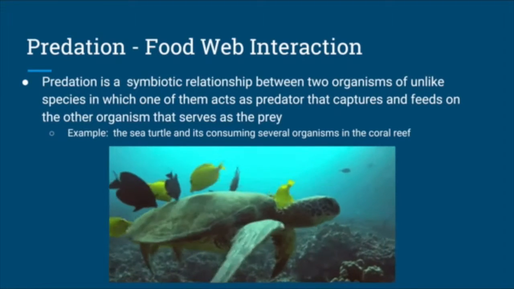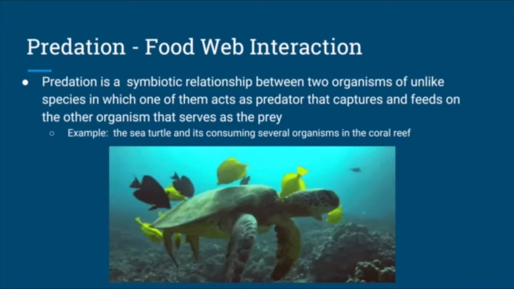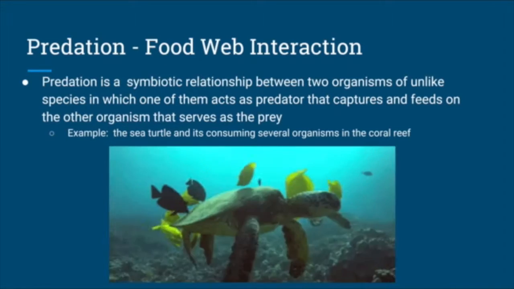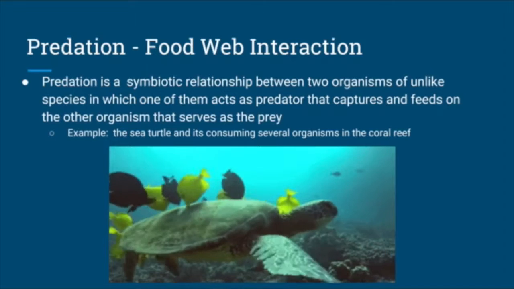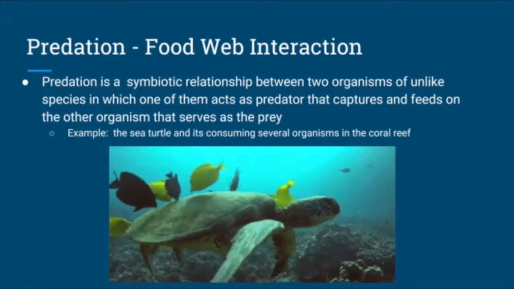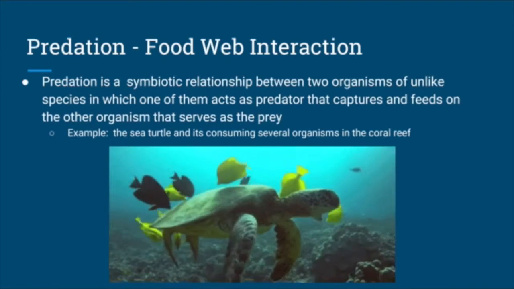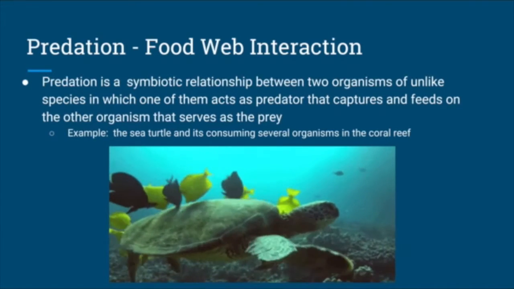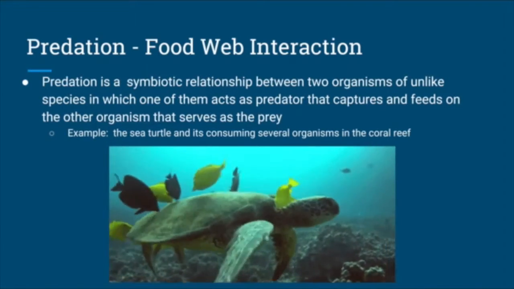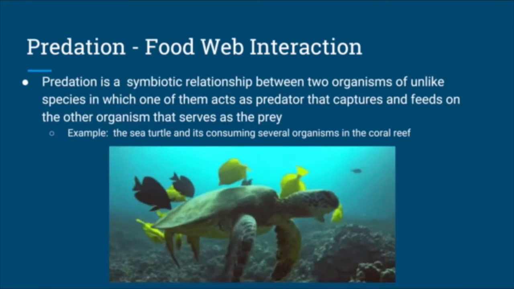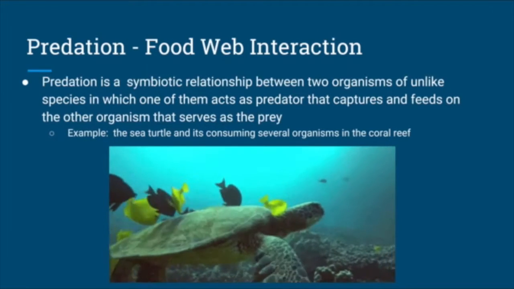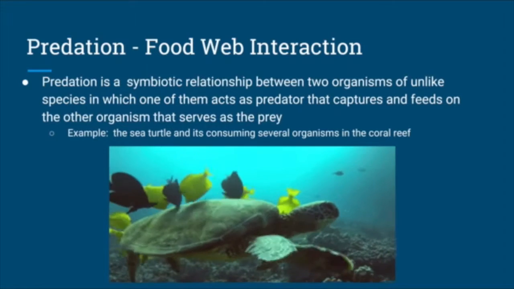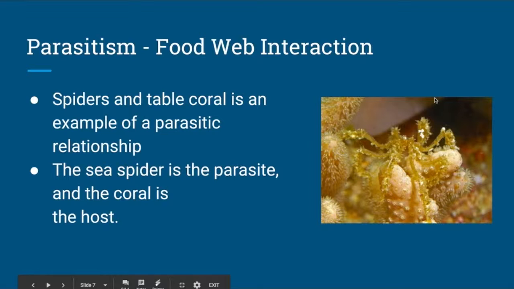For example, the sea turtle preys on different organisms such as sea urchins, sea sponges, sea grasses, and macroalgae. All of these organisms make up the diet of a sea turtle. Therefore, the prey is being preyed upon by the larger organism, which is the sea turtle, in order for the sea turtle to gain nutrients and necessities.